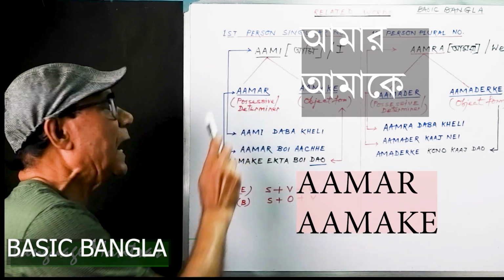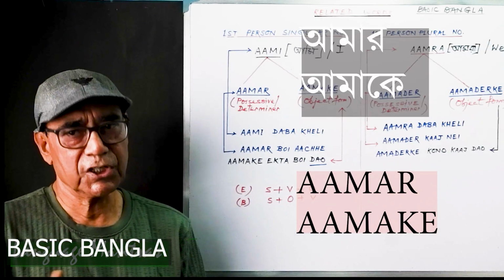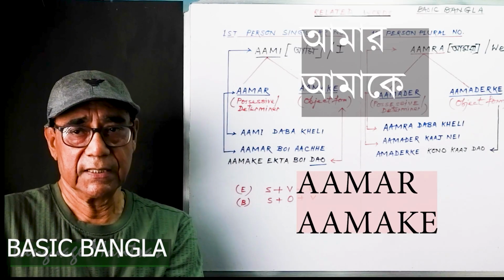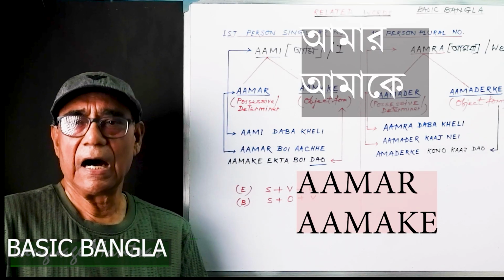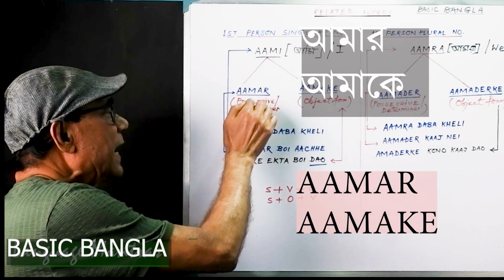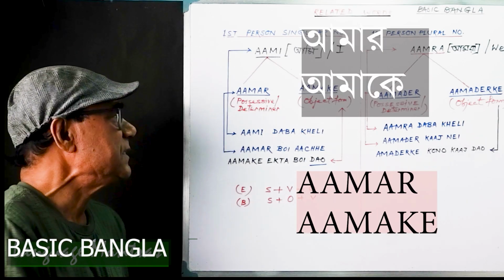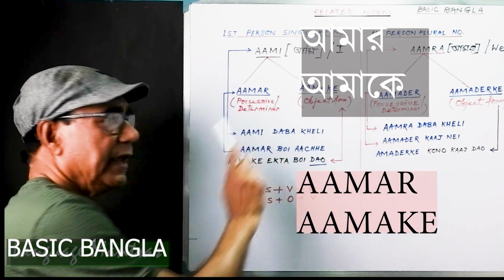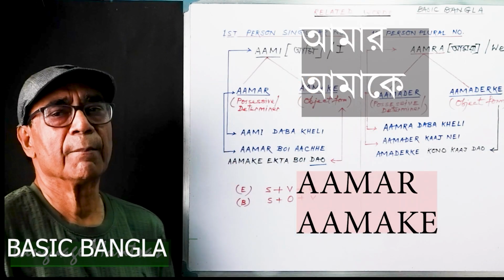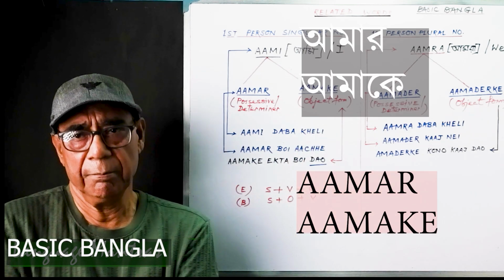What is Aamar? Aamar is possessive, my, and determiner also. Aamar boy, Aamar bari, house. Aamader, my country. So this way, Aami and Aamar, these are two very closely related words, and then Aamake, this is the object form of first person singular number I. Aamake, Aamake dao, give me.